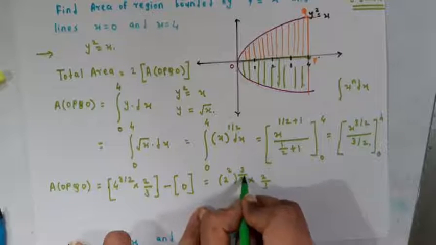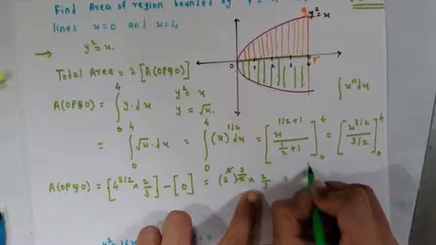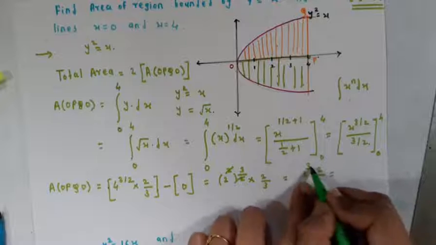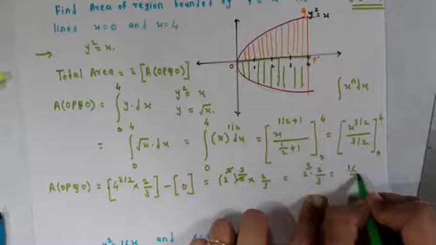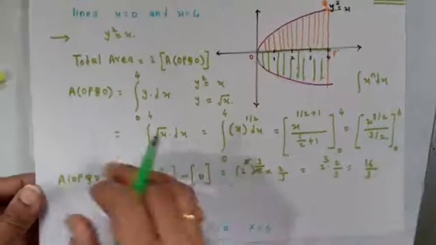The 2 gets cancelled, and this is 2 raised to 3 into 2 by 3. 2 raised to 3 means 8. 8 into 2 is 16, so 16 by 3.